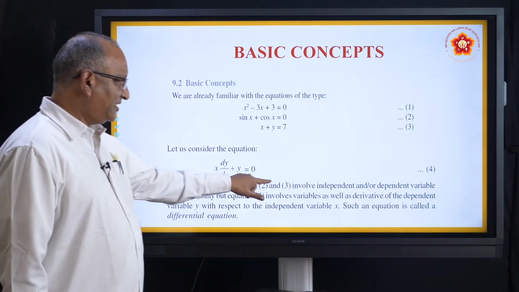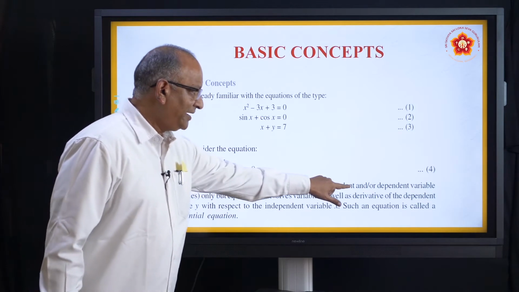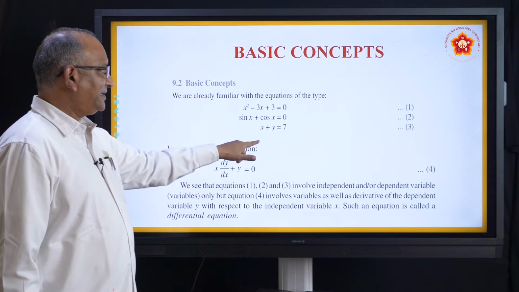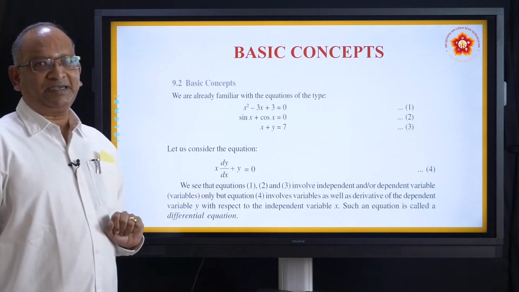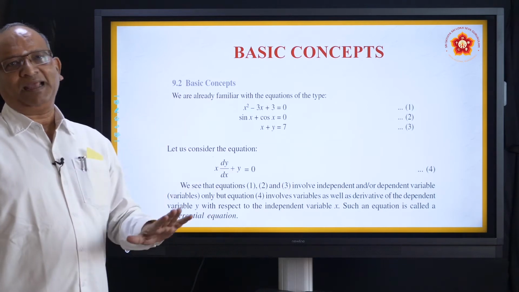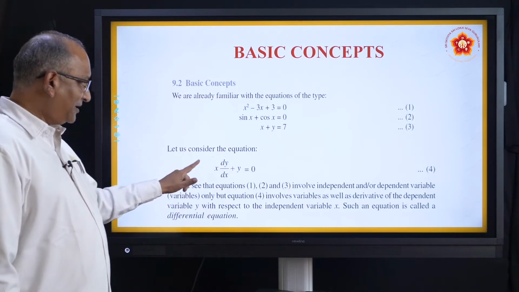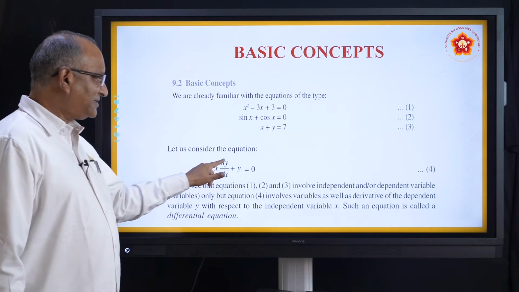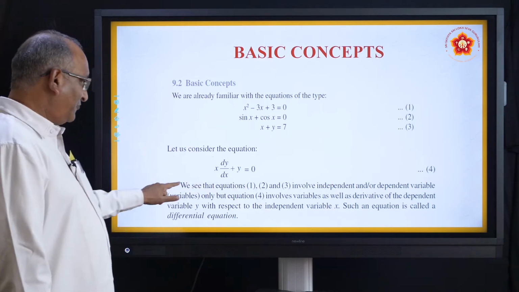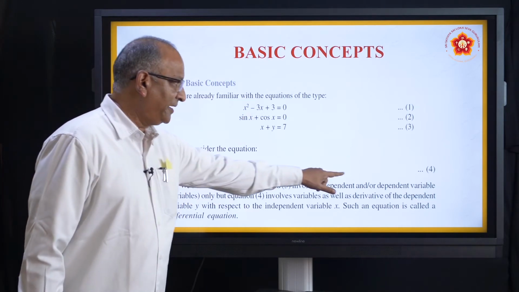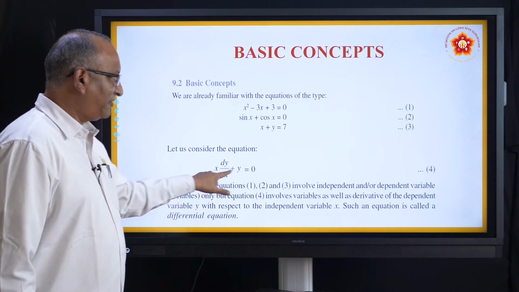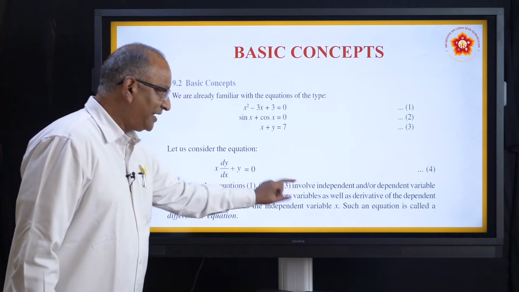We see that equations 1, 2, 3 involved independent or dependent variables only. These equations which we already studied had just dependent variable y and independent variable x, nothing more than that. But this particular equation, apart from x and y, also has a derivative. So we see that 1, 2, 3 involved independent and dependent variable only, but equation 4 involves a derivative.